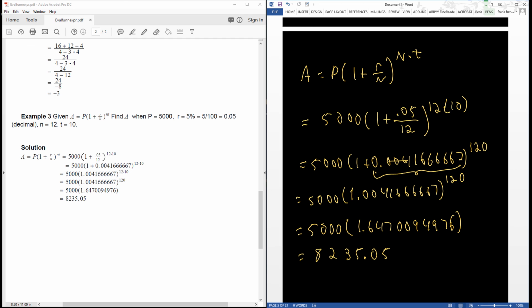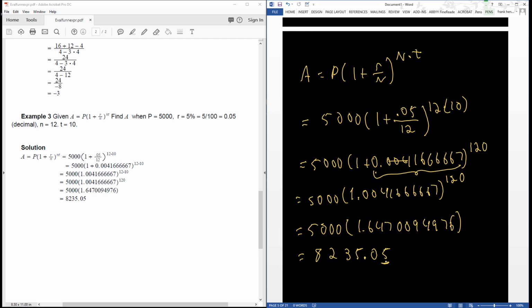So I want to make sure that in the process of raising it to a power, I can round it to the nearest penny. So I went out to at least 8 places past the decimal, so that when I do the calculation, it'll give me the result to the nearest penny here. Otherwise, it can throw you way off.